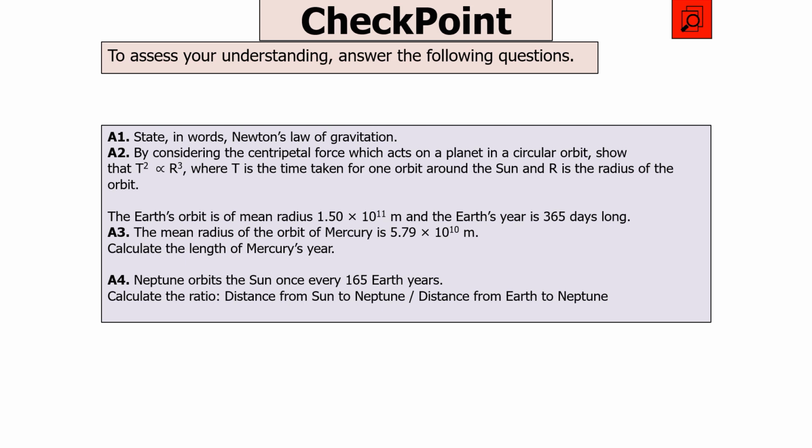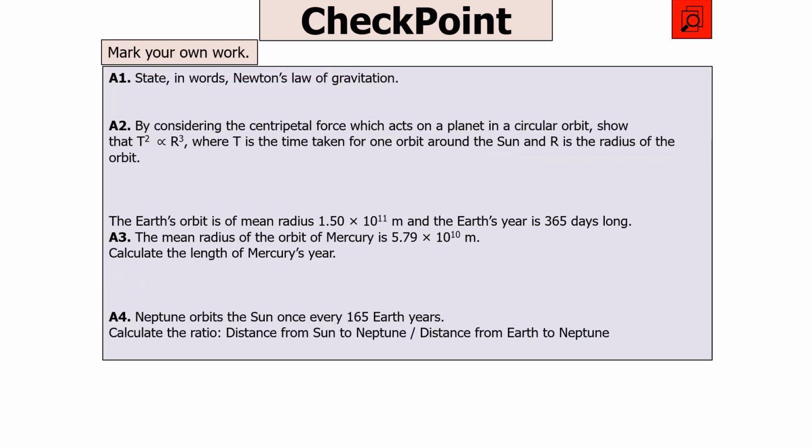The mean radius of the orbit of Mercury is 5.79 times 10 to the 10 meters. Calculate the length of Mercury's year. Then Neptune orbits the Sun once every 165 Earth years. Calculate the distance from the Sun to Neptune divided by the distance from the Earth to Neptune. So pause the video now, then unpause the video when you want to go through your answer.